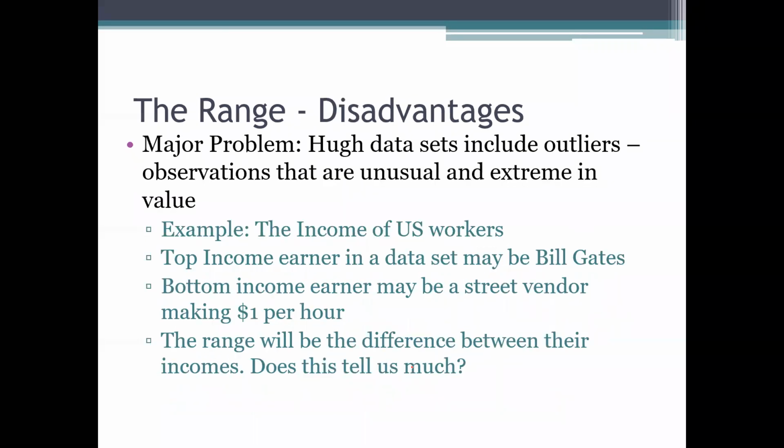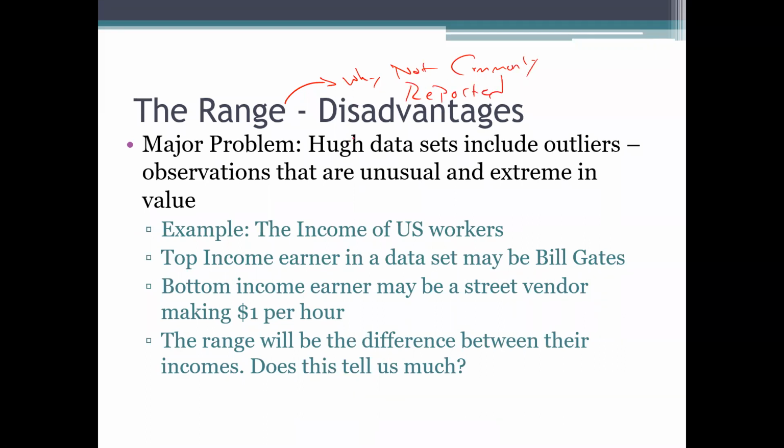All right, here's the disadvantage and why it's not commonly used in statistics. So why is it not commonly reported? When you look at large data sets, they may include what we call outliers, and we're going to define outliers more on next class. These are unusual and extreme in value.